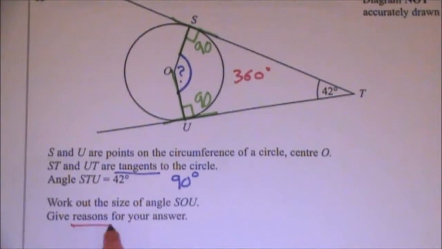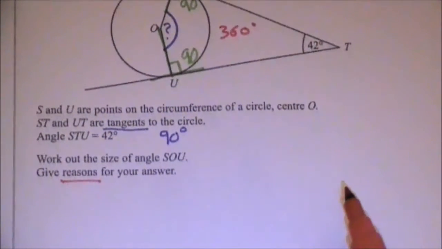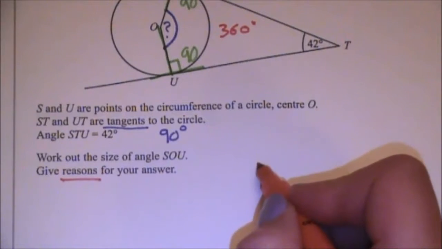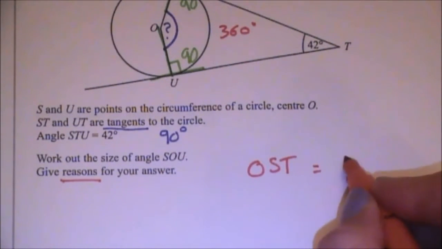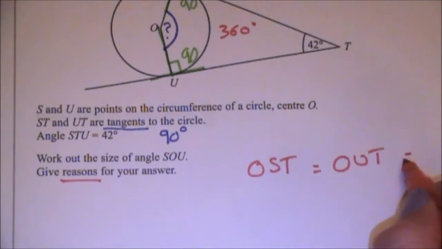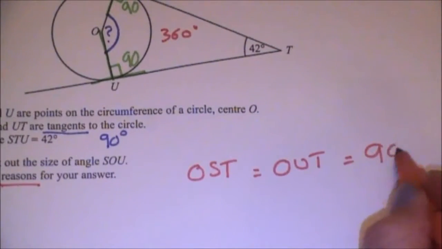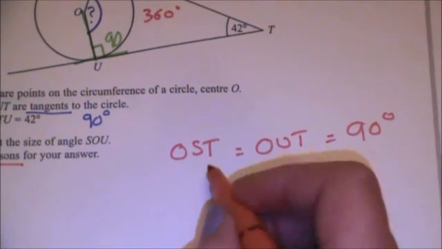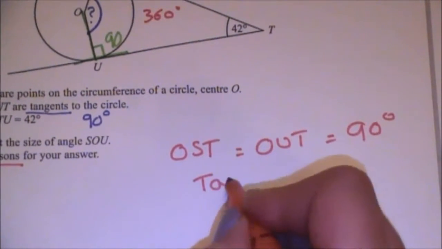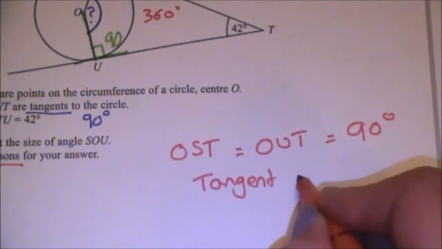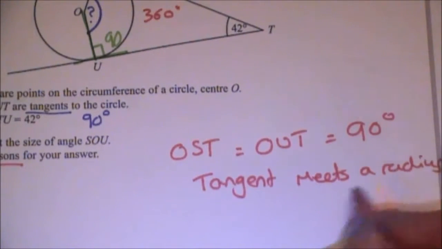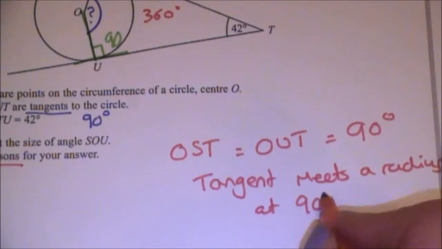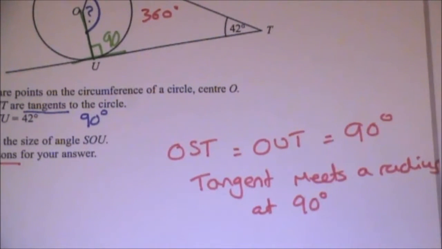But first of all, I'm going to provide the examiner with some reasons of how I can get to those numbers. So the first thing I realised is that angle OST is equal to angle OUT, and they're equal to 90 degrees. And the reason is because a tangent meets a radius at 90 degrees.